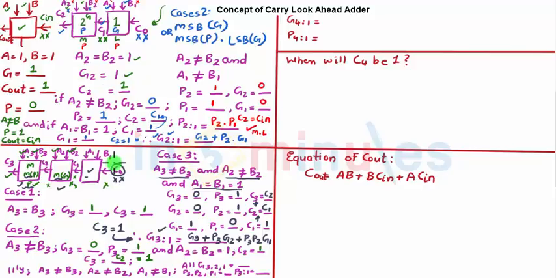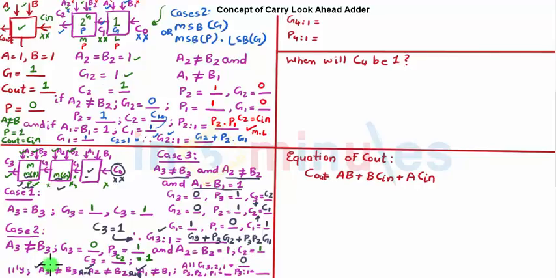Cool. Let's do the last case. If A3 and B3, A2 and B2, A1 and B1, all these are ANDs, okay? If all of them are not same, we can easily say that my G3, G2, G1 all are zeros.